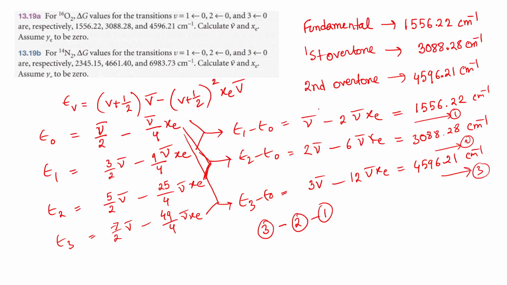At that time you are going to get something in terms of minus 12 nu bar xc. So the 3 nu bar minus 2 nu bar minus nu bar is going to cancel out. Plus 6 nu bar xc plus 2 nu bar xc.